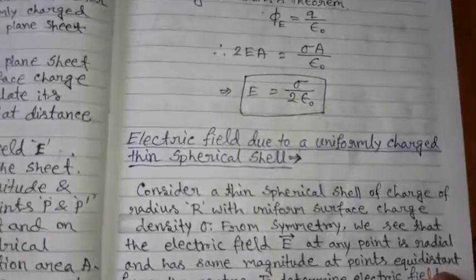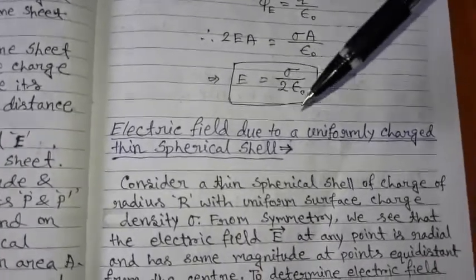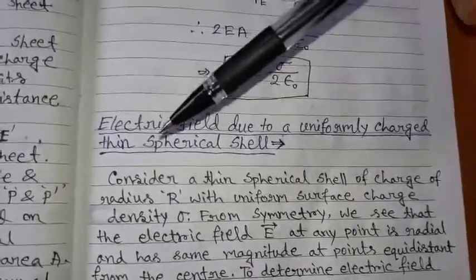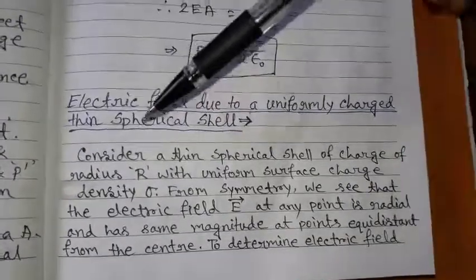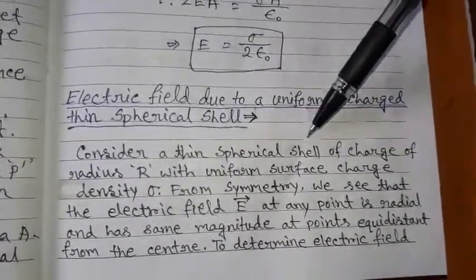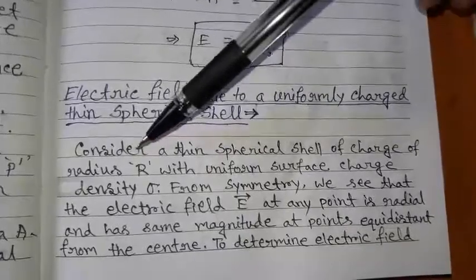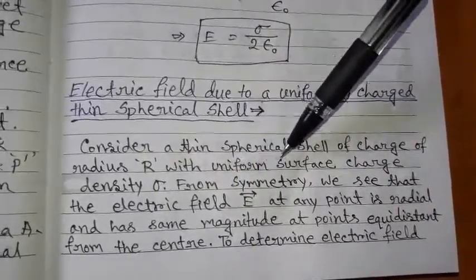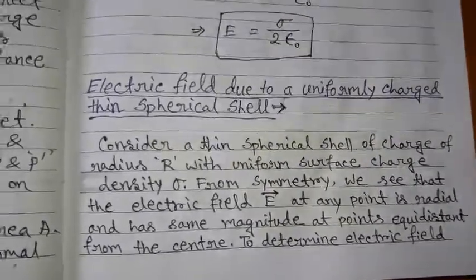Next, electric field due to a uniformly charged thin spherical shell. Consider a thin spherical shell of charge of radius r with uniform surface charge density sigma.